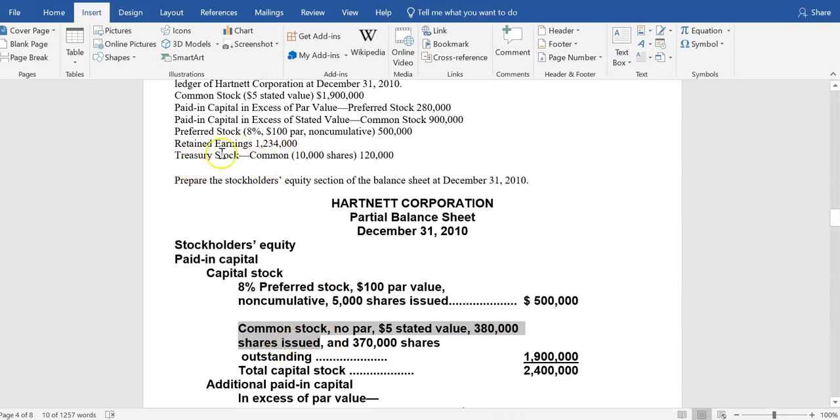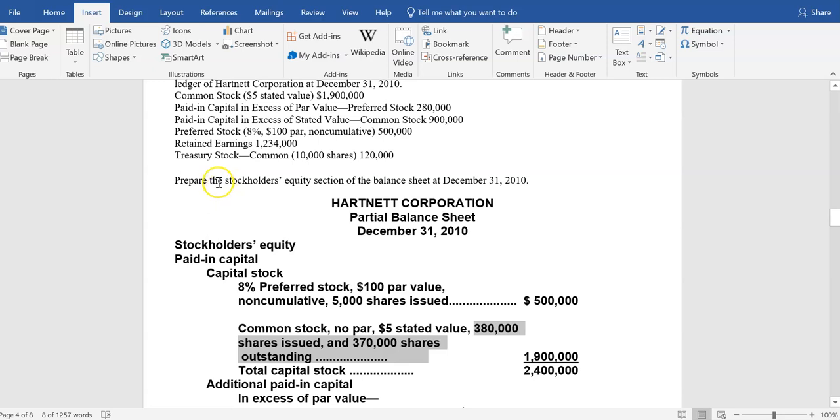However, when I look down here, I see that in Treasury, we hold 10,000 shares of the common stock. That means of the 380,000 issued, only 370,000 shares are still outstanding. Total par value of all of those, 1.9 million. Notice that once common stock is issued, it is always issued, even if it is purchased back. And that's why we're showing only 370,000 outstanding, but the full 380,000 issued.